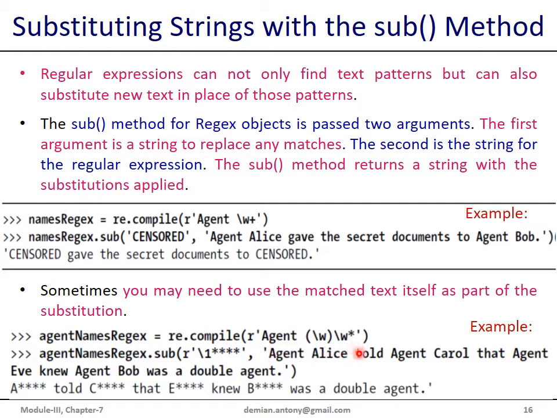This is the recognized pattern, and we are going to retain A. That is A star, then again C star, then E star, etc. This is how you can use the matched portion of the text itself as part of substitution, so that you get the contents of the original string being substituted wherever required in the newly created or substituted string.